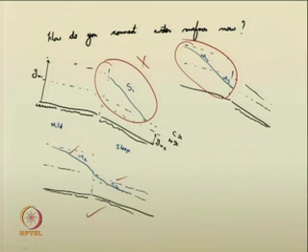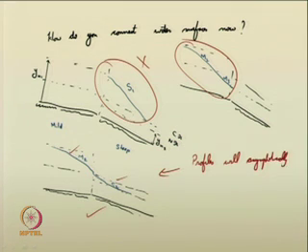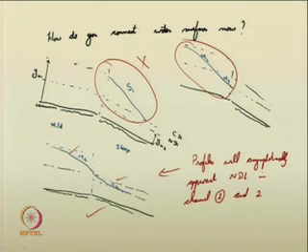So, in both the cases, profiles will asymptotically approach normal depth lines in channel 1 and 2.